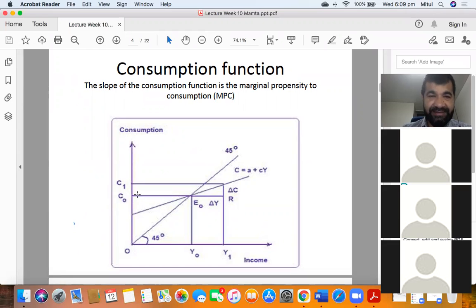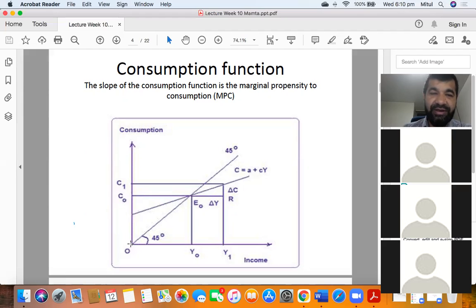And in this case here, you can see C0, autonomous consumption. You see they started from this point. They did not start from 0. Why not? Because consumption cannot be 0.